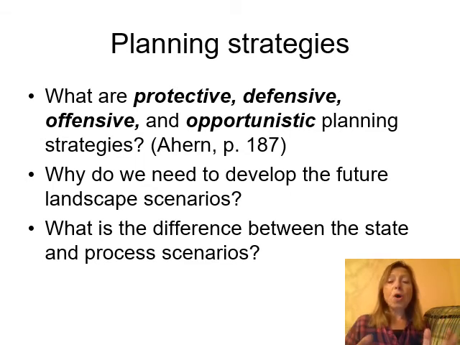Protective strategies are only useful when there's still enough of natural elements within the landscape to protect. So if we want to protect the creek from erosion, or we want to protect particular species, we can fence it out, or we can restrict the human access.